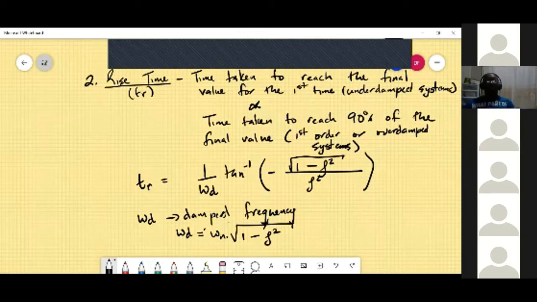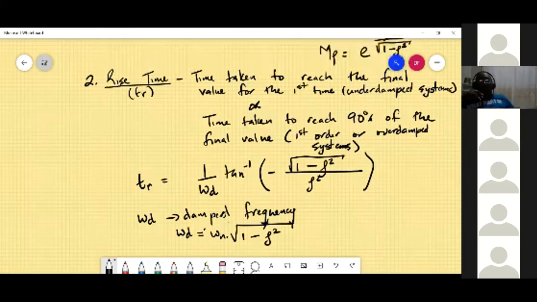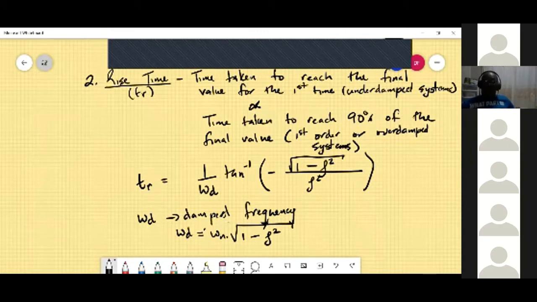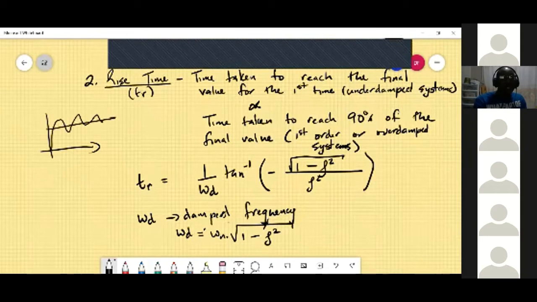All right, so the rise time, like we say, is the time it takes to reach the final value for the first time. If it is a system that is first order, then it theoretically never reaches it.